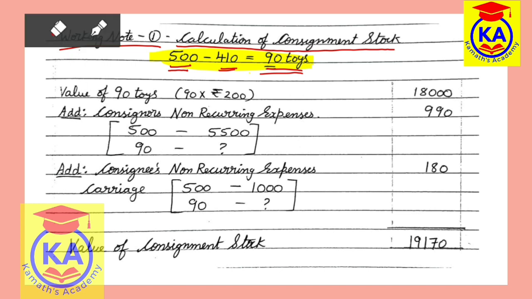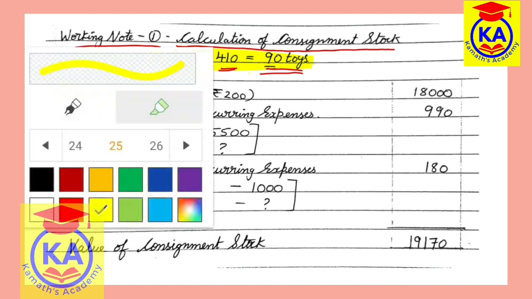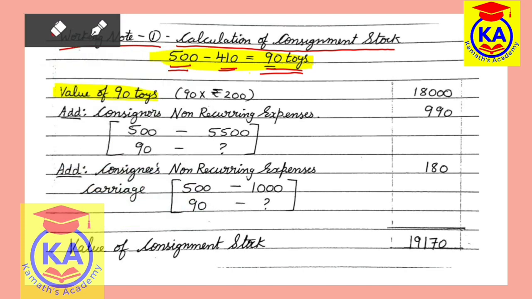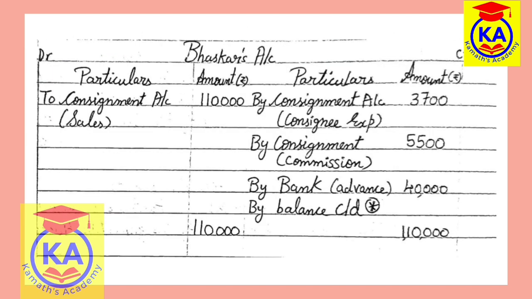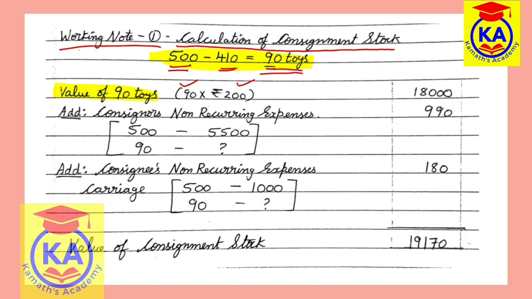Now see the value of 90 toys. You have to write. So value of 90 toys is 90 into 200. 200 because cost of one toy is 200. So cost of 90 toys will be 90 into 200. So that is 18,000. Now we have to add consignor's non-recurring expenses.